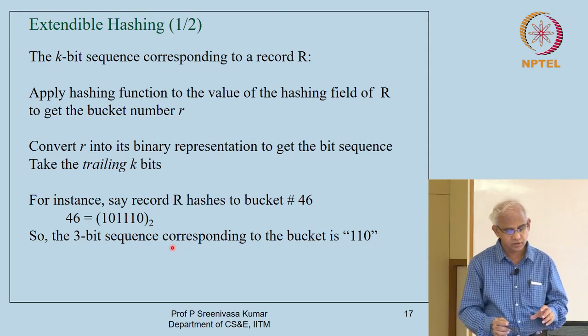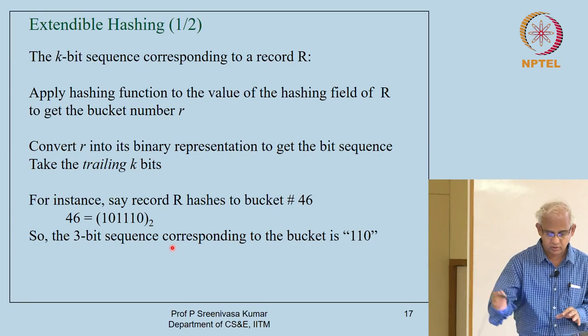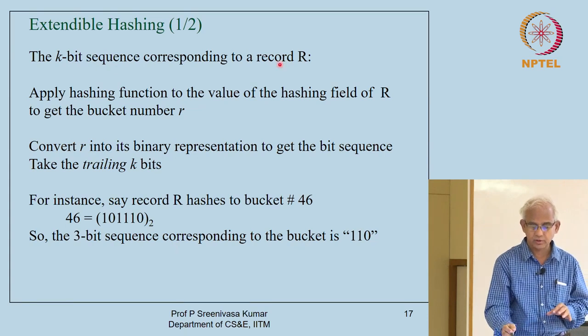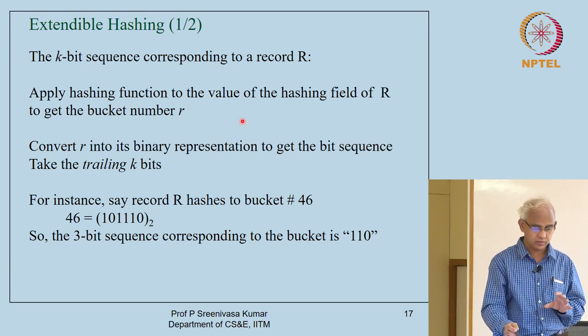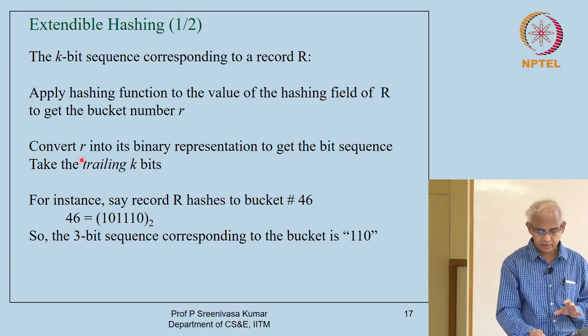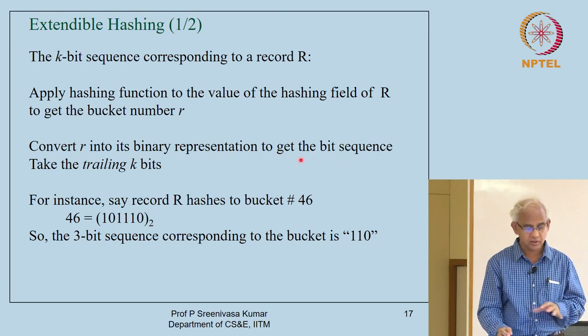Before I proceed with extendable hashing, let me set up what I call the k bit sequence corresponding to a record R. You take a record R, apply the hash function to the hashing field of that record, and you get a bucket number. Convert that bucket number into its binary representation, and you get a bit sequence.